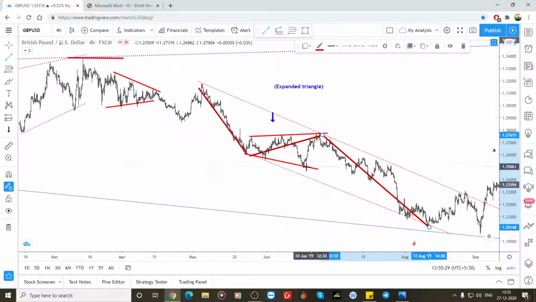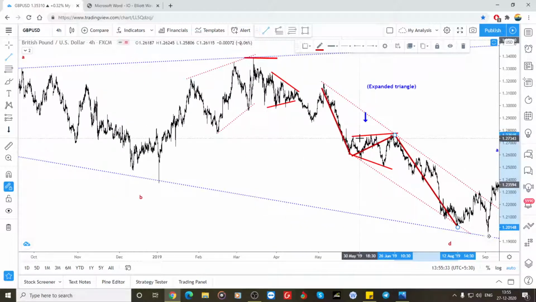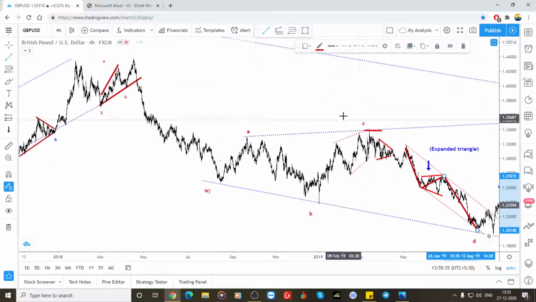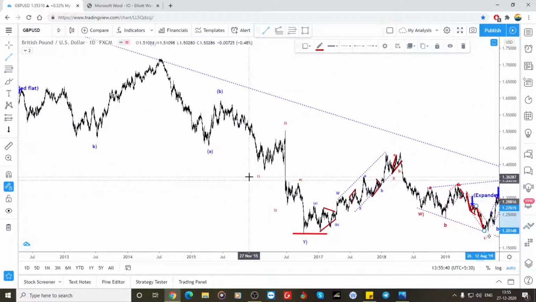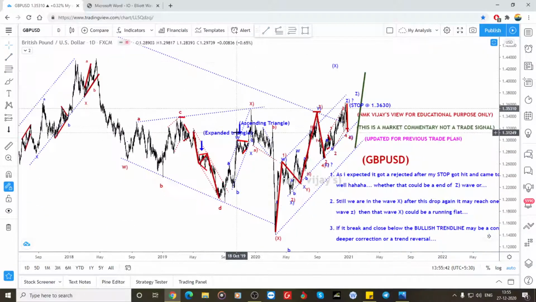Here in between, the B wave is an expanded triangle. And one interesting thing is that the bigger picture in the daily time frame is also a bigger expanded triangle. I showed you this a lot of times in my weekly analysis. So this is the three-wave structure of W. After that, X is an expanded triangle.